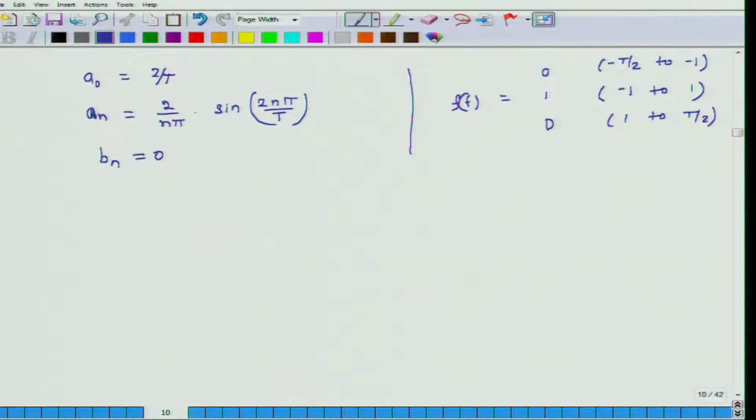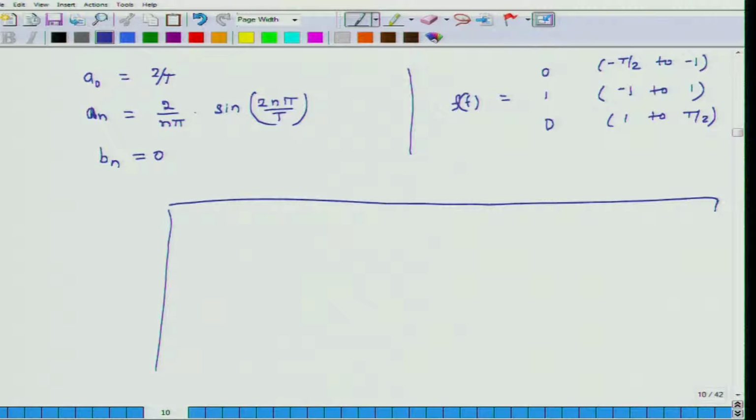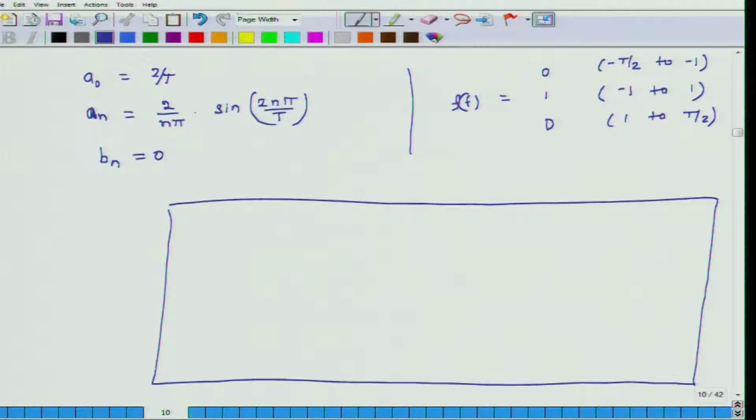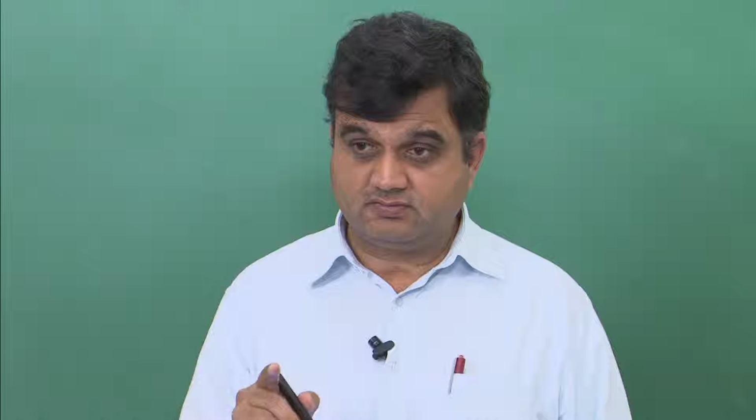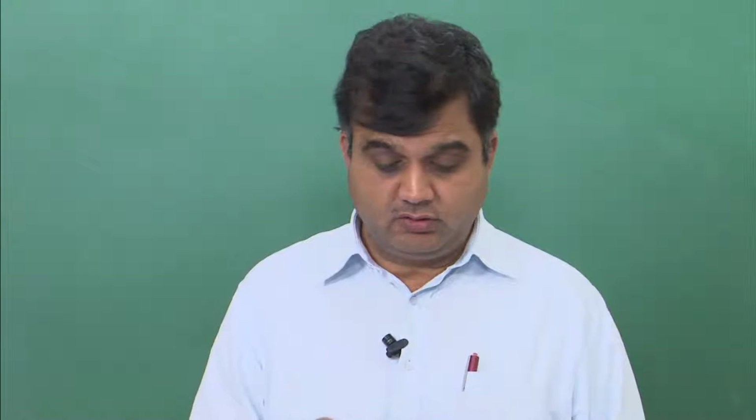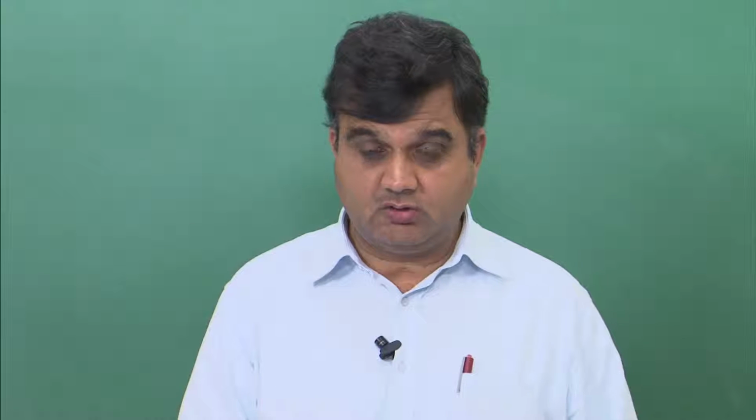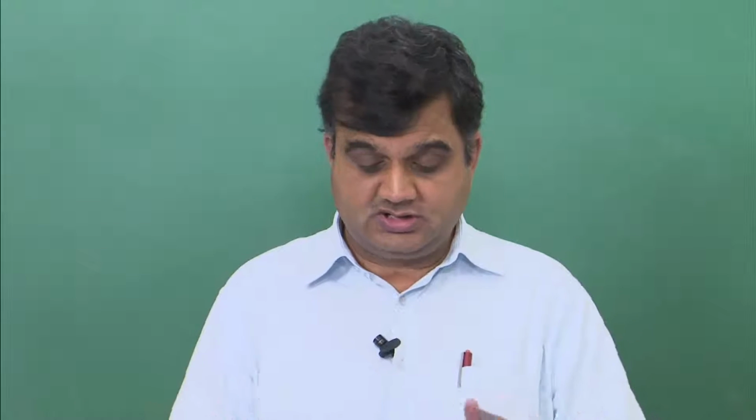I will do one more thing: I will make a table. We will look at different cases of values of T, at these constants, and how closely or far they become from each other as T changes.